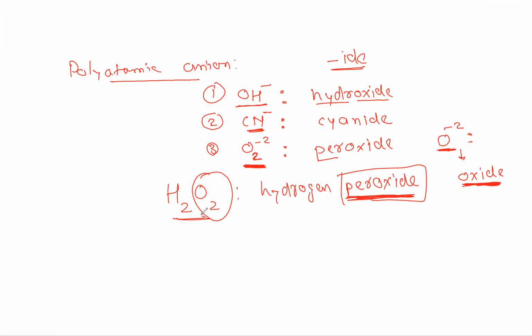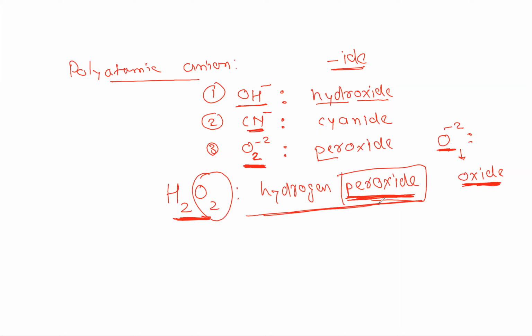As I told you, this is an ionic compound, and it is hard to explain, so just remember this as an exception. This is not exactly like an ionic compound, but it is actually an ionic compound. The chemical formula for hydrogen peroxide is H2O2, and the name is hydrogen peroxide.